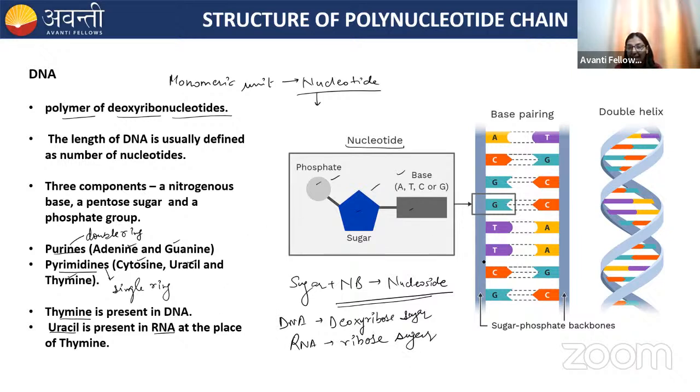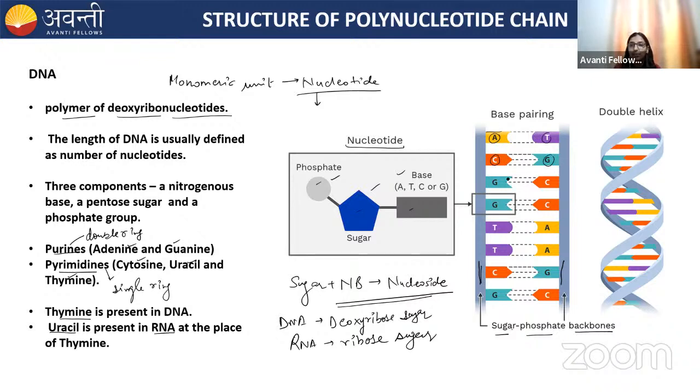Please remember this. And these form the polynucleotide chain, where the sugar and phosphate form the backbone of the polynucleotide chain. And on the inward side, the nitrogenous bases are present. These nitrogenous bases are connected to each other by hydrogen bonding. So adenine will pair with thymine with 2 hydrogen bonds, and cytosine will pair with guanine with 3 hydrogen bonds.